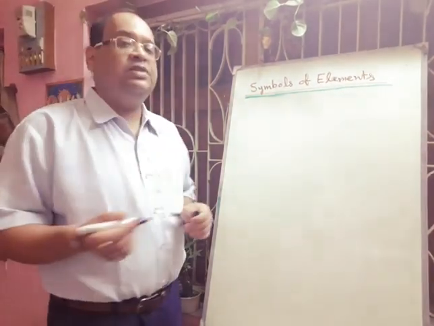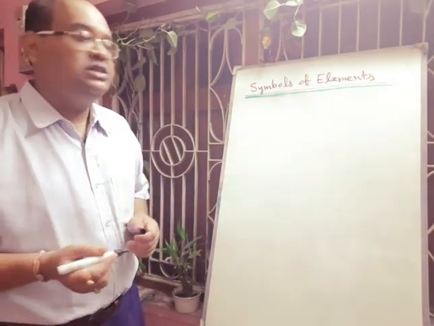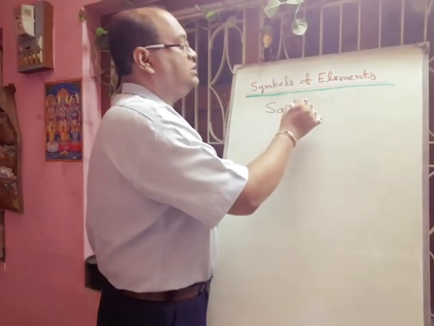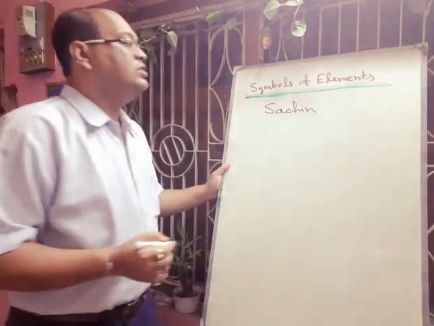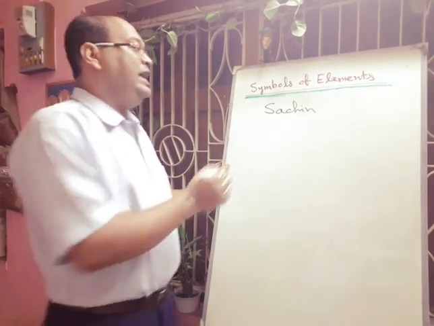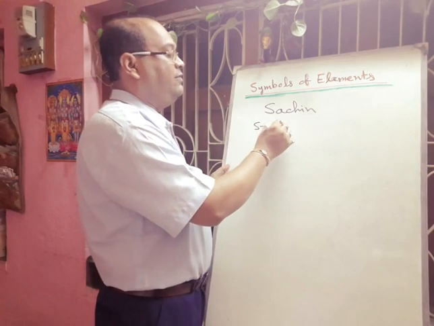Suppose all of you know Sachin Tendulkar. Sachin Tendulkar is a great cricketer; you can write Sachin. From here, check how many elements are present. S is there, S indicates sulfur.